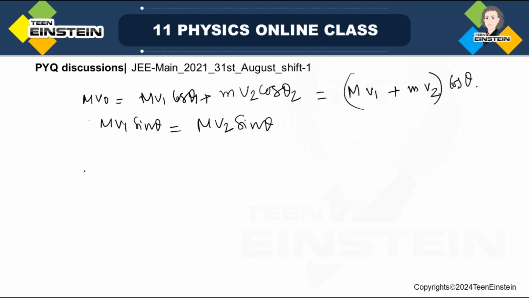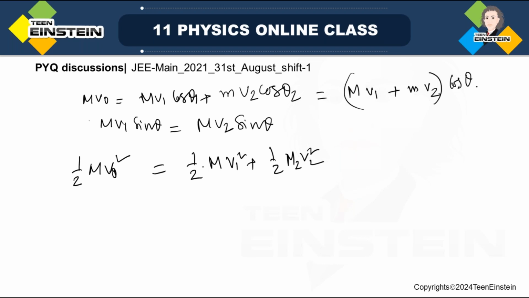Now if I apply conservation of kinetic energy, then half capital M v0 square is the initial kinetic energy. What will be the final kinetic energy? Half Mv1 square plus half mv2 square.